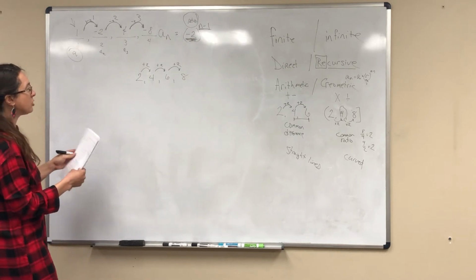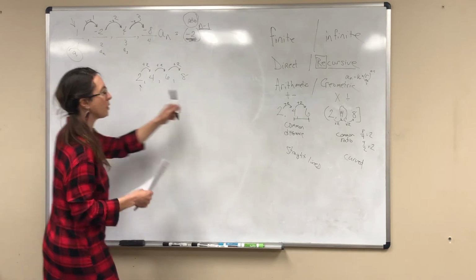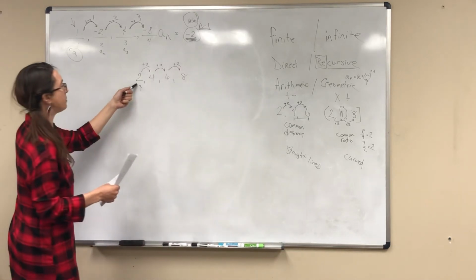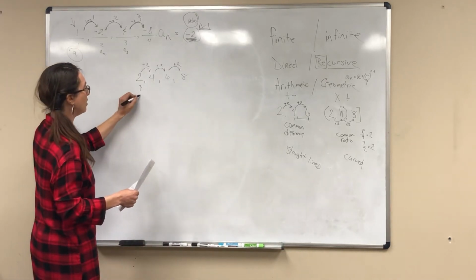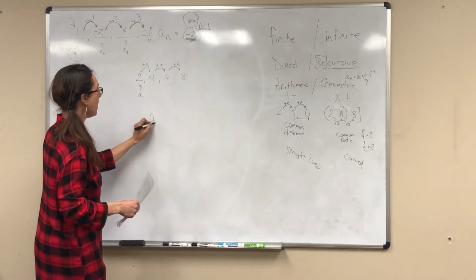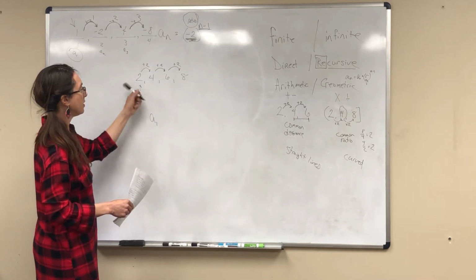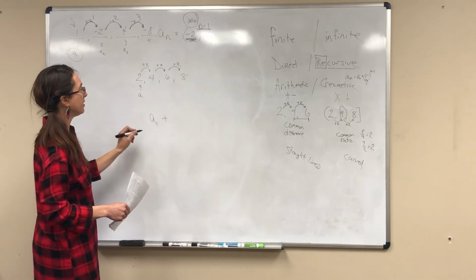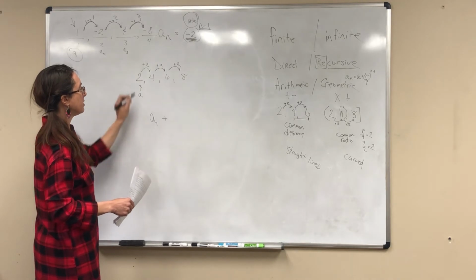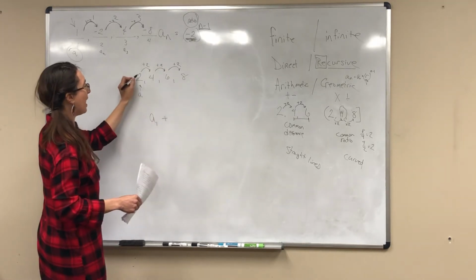So where do we start? Remember, an arithmetic sequence is always based on the first one, which we call a to the 1. So if I start at a to the 1, I'm going to add a jump.